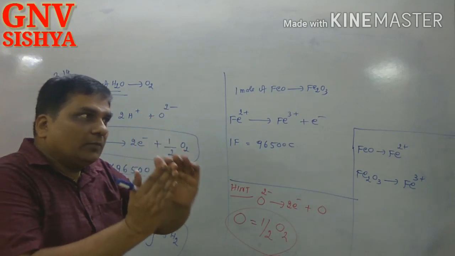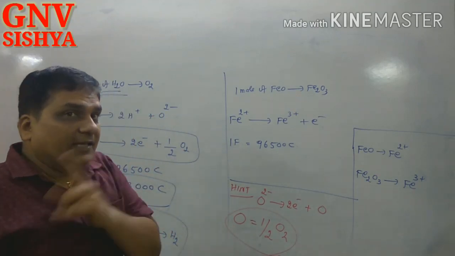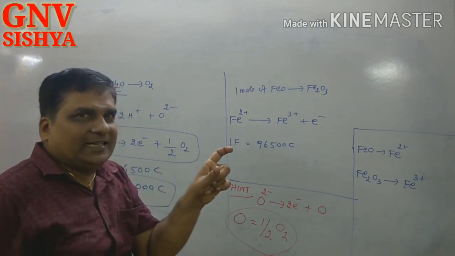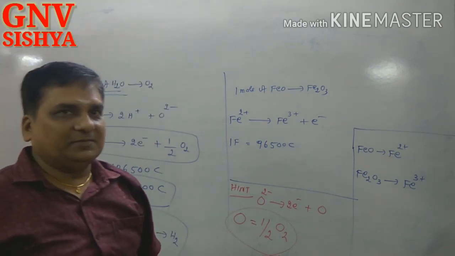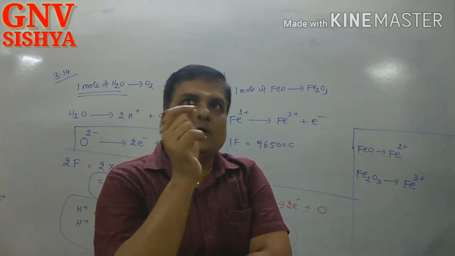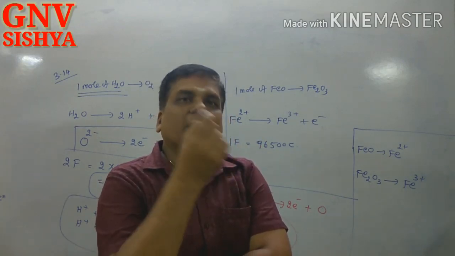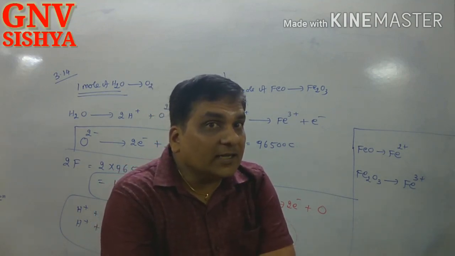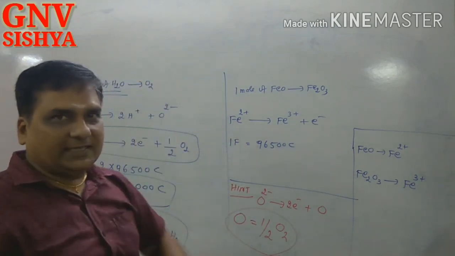No. 1 mole of water to oxygen. Here, the important conceptual understanding lies on the LHS, not on the RHS. Understand? Calculate the quantity of electricity in coulomb for the oxidation of 1 mole of water into oxygen.